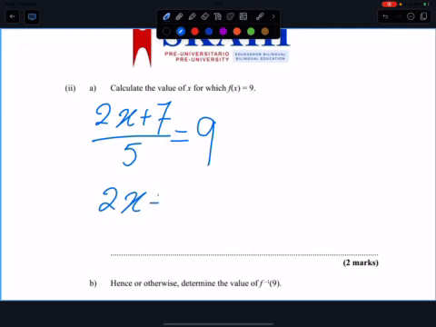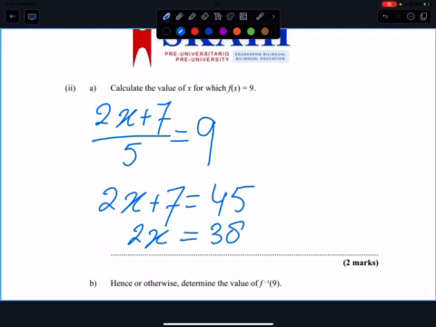So 2x plus 7, that is 45. Something plus 7 equals 45. So 2x equals 38. 2 multiplied by something equals 38. So that something is 19.